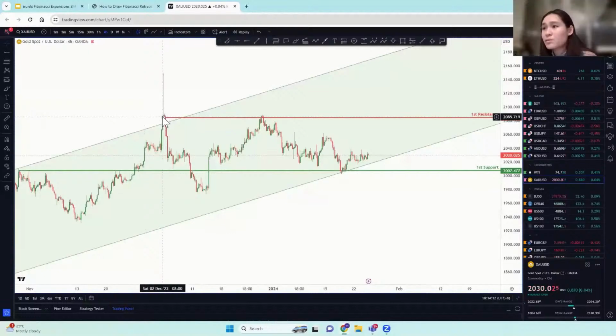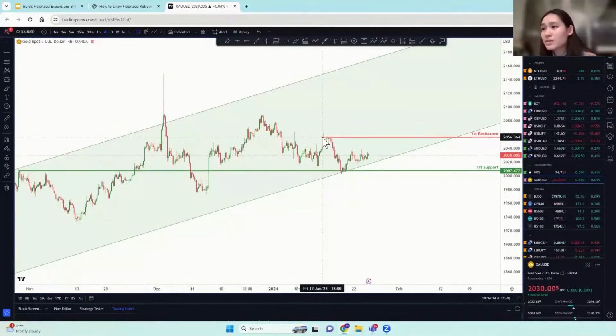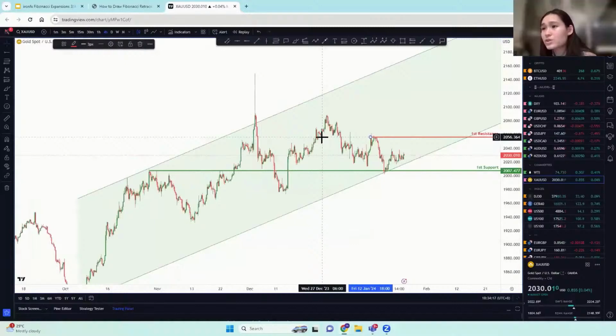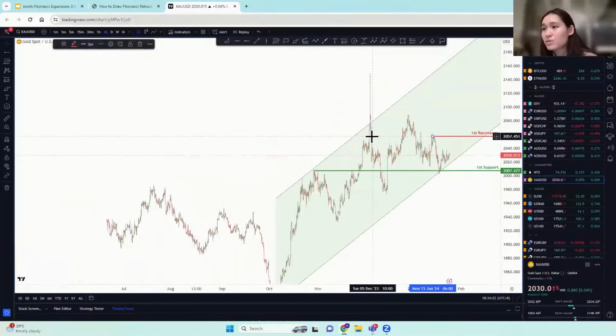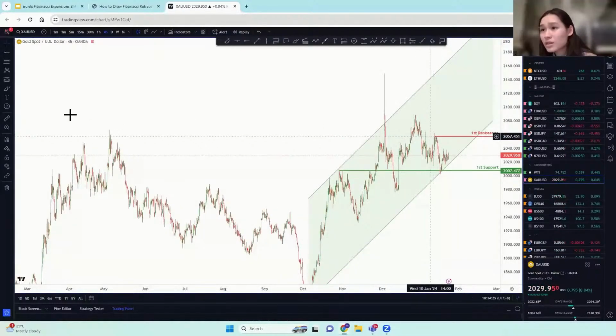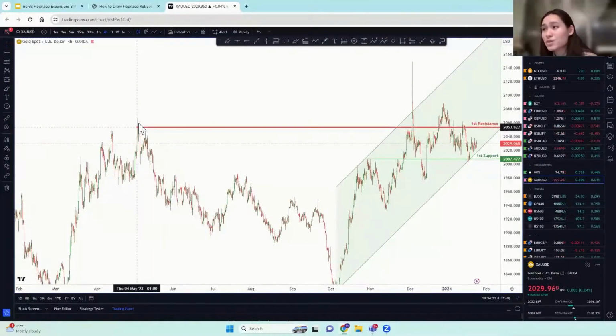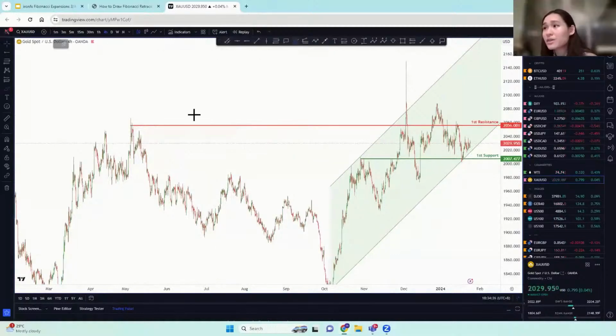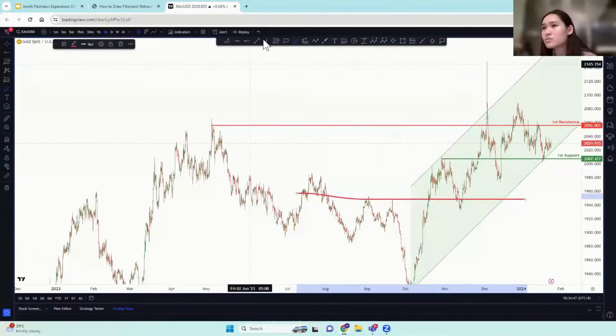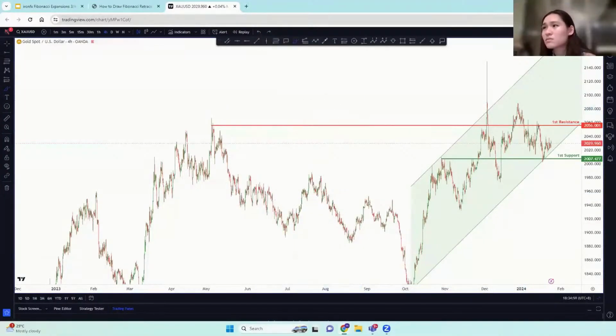On our 4-hour time frame, our first resistance would be a little bit closer to where price is at, which is over here. And you want to try and pull it back as far as you can, just to see if you can spot any significant levels. So here, I'm pulling it back all the way here so that I can see that I have one swing high and two swing high here.